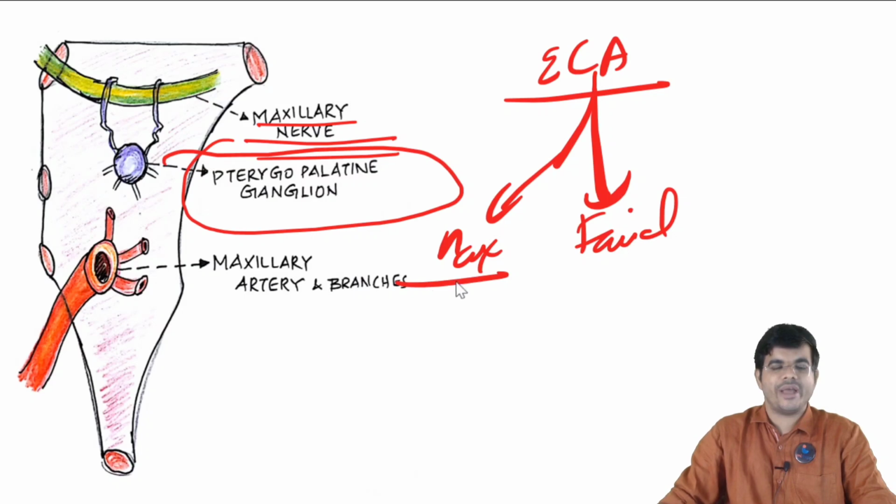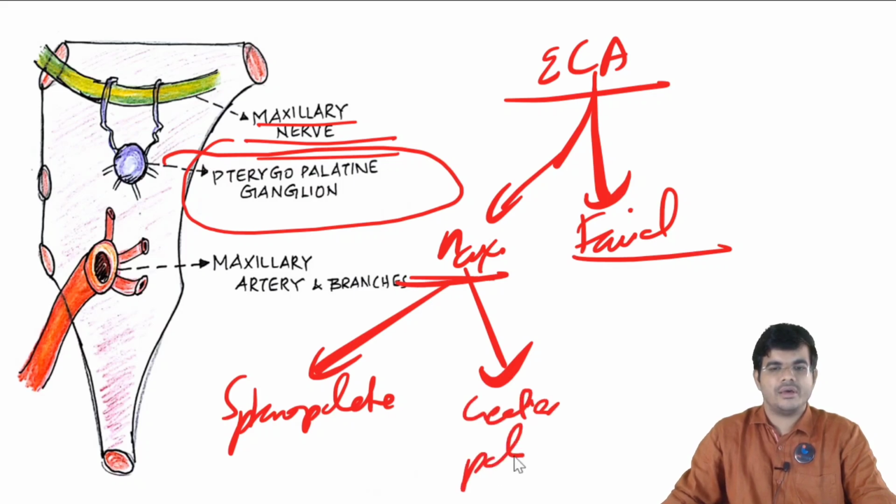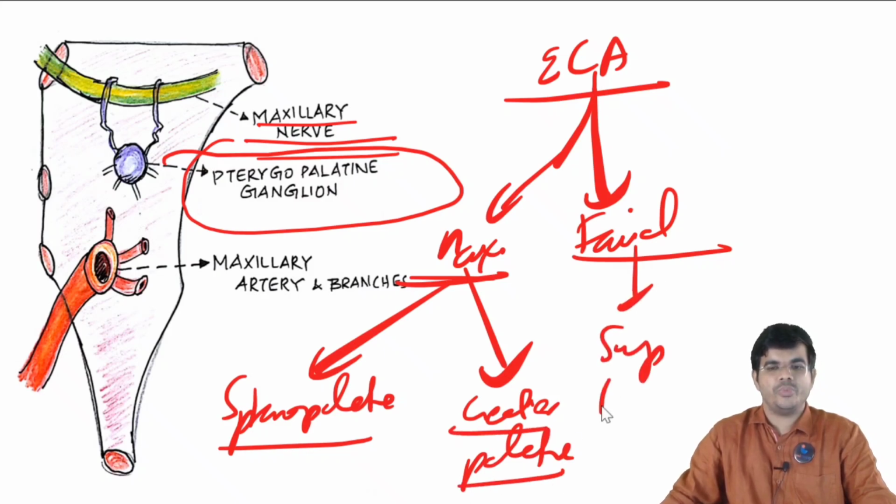Now the branches of maxillary artery, that are the sphenopalatine as well as greater palatine, are given off, which supply the nasal cavity, and from the facial artery you have the superior labial artery. Okay, so this is how the blood supply to the nose commences.